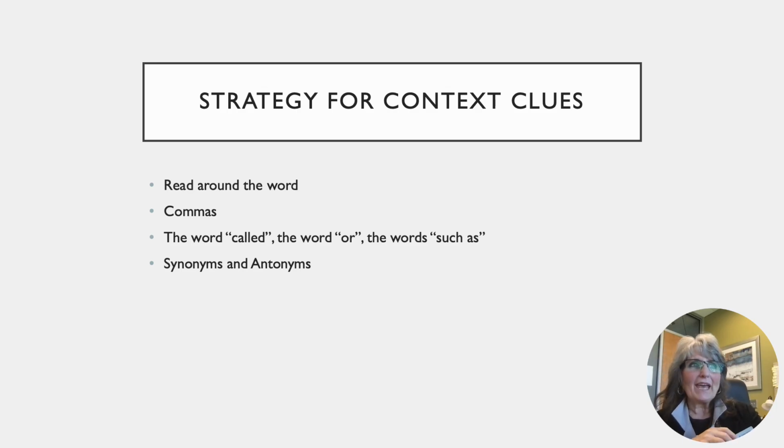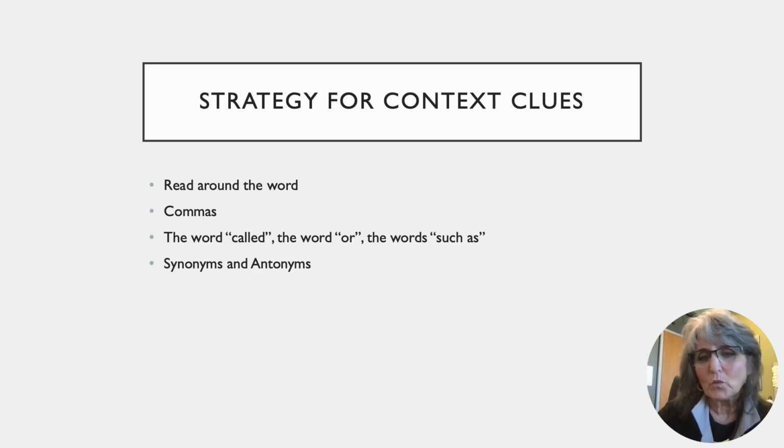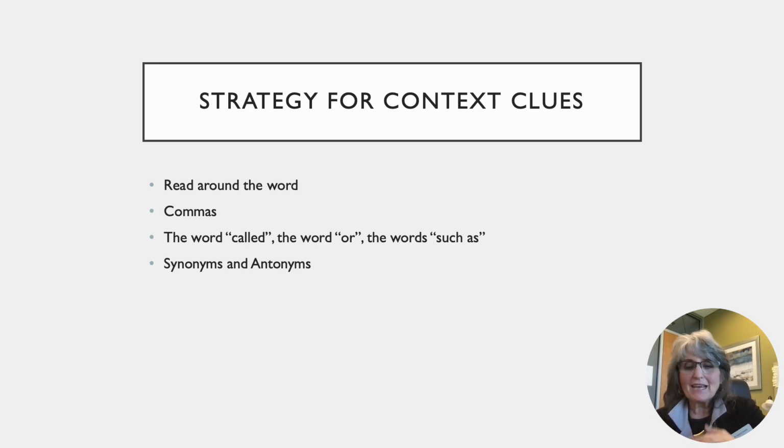In the same way, some writers of text use commas and also give us some wonderful signal words. And these are some of the signal words I tell my students to look for. The word called, the word or, the words such as. These types of signal words can help us to uncover the meaning of an unknown word.